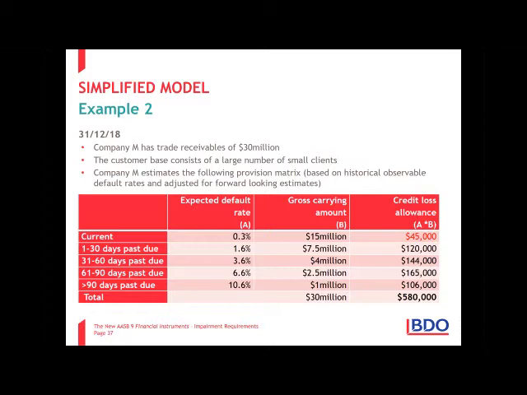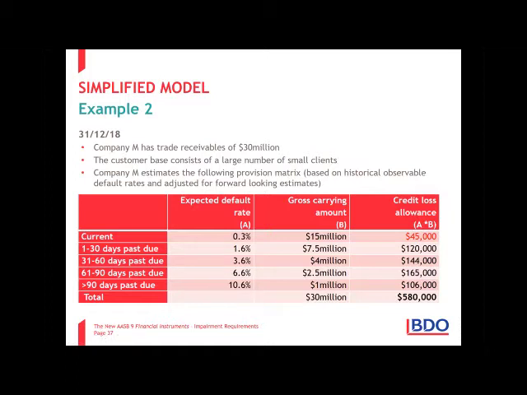And then based on your past experience, but also incorporating forward-looking estimates, the expected default rates for current is 0.3%, 1 to 30 days past due 1.6%, all those percentages, and it will give you 10.6% for more than 90 days past due.